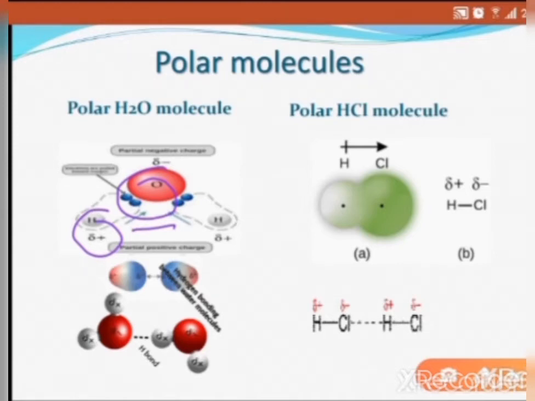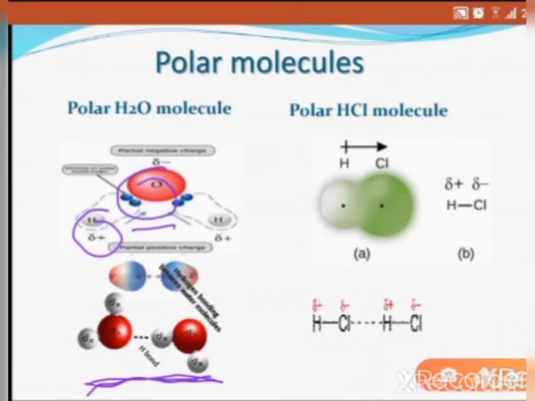As a result, a partial negative charge appears on oxygen and a partial positive charge on hydrogen. If we see the bonding in water molecules, you can see that two molecules of water are bonded to each other due to the polarity difference.